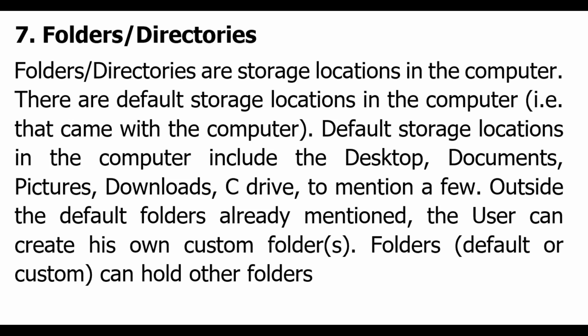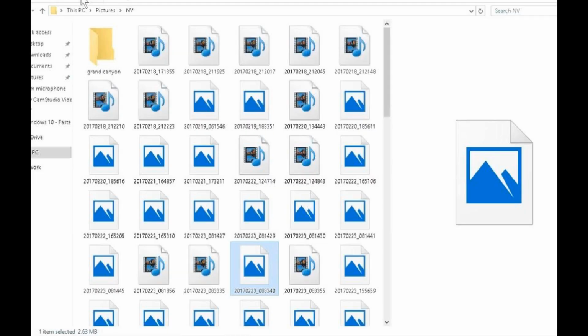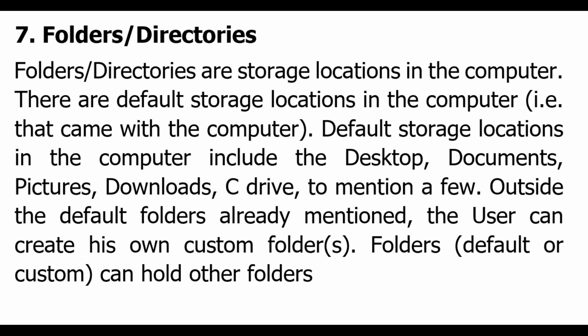Default storage locations in the computer include the desktop, documents, pictures, downloads, C drive. These are storage locations, directories in the computer where you can store files and create other folders.